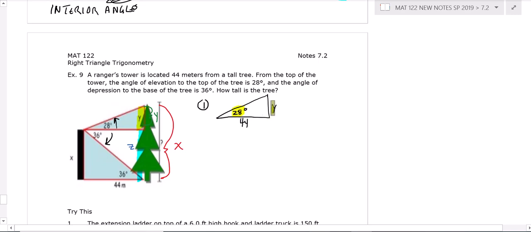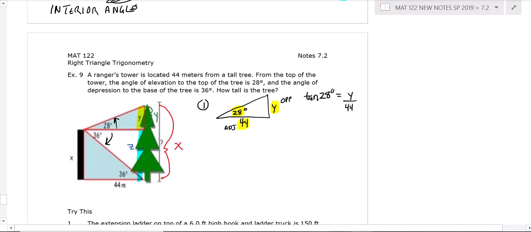So look at your angle, look at your other two parts. Again, talk it out. In relation to 28, that's the side opposite. This is the side adjacent. Which trig function do you use for opposite over adjacent? Use the tangent. So we'd say tangent of 28 degrees is equal to y over 44.